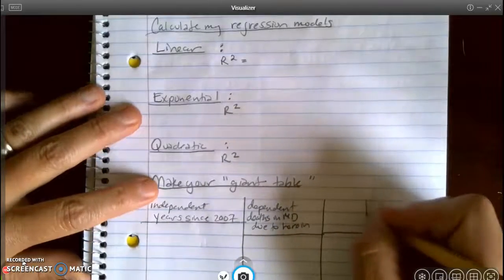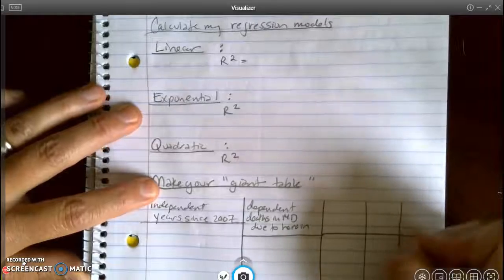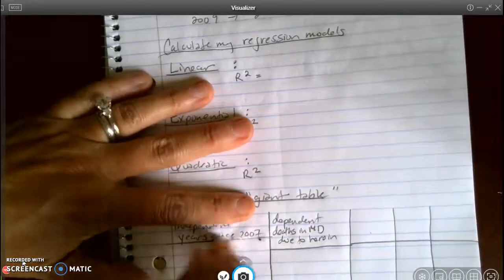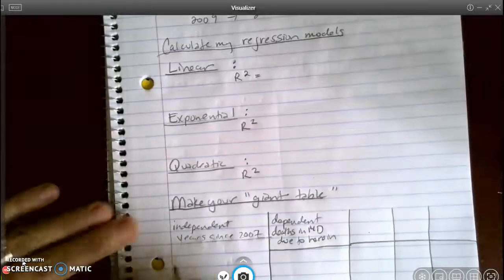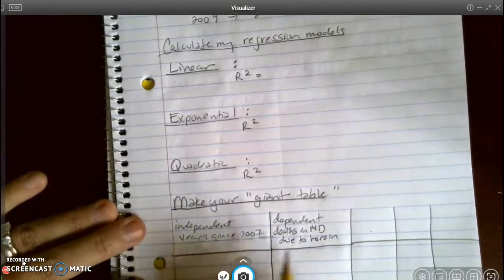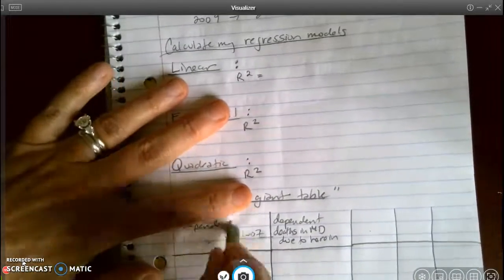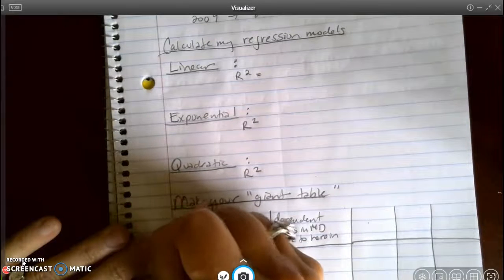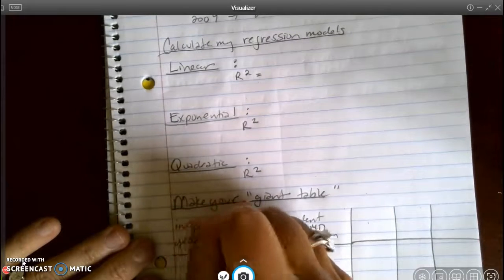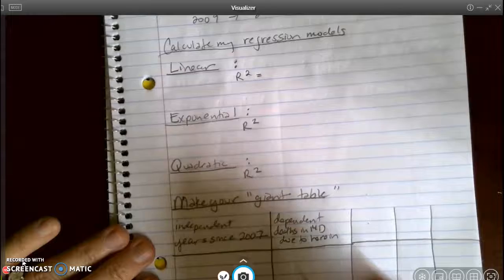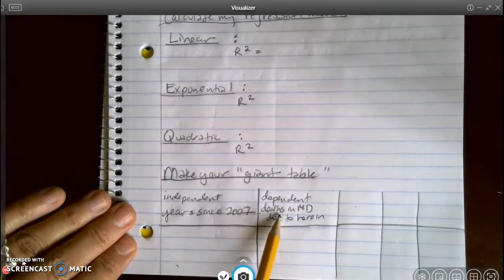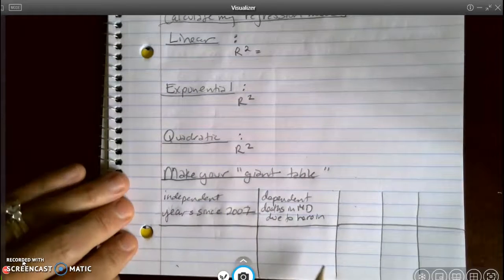And then my next 3 columns in my table, sorry, I don't really like the way that looks. I want it all to be even. Rewrite that. I know it's just notes, but I still want it to not be confusing. Since 2007, okay. Independent years since 2007, dependent deaths in Maryland due to heroin.